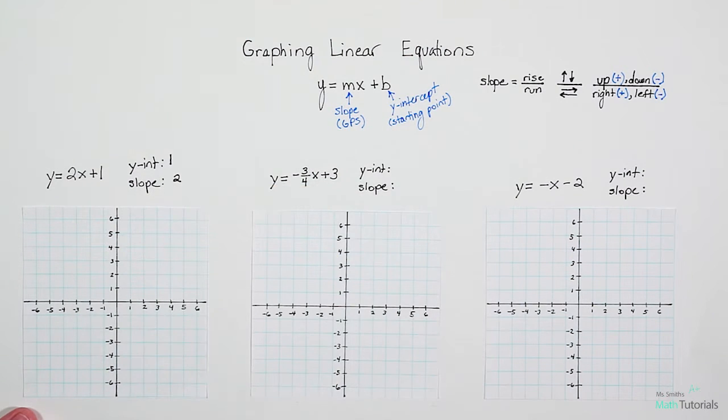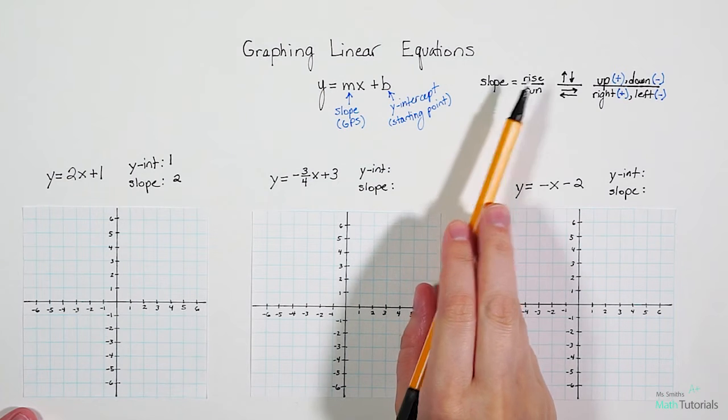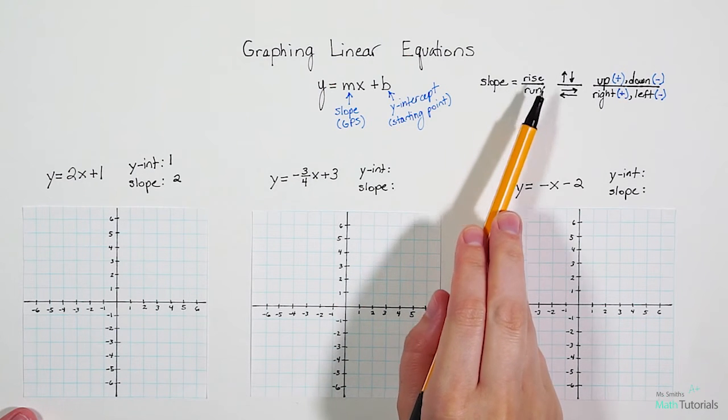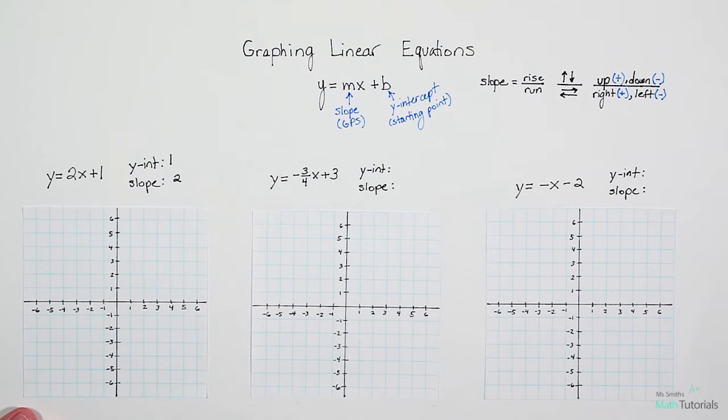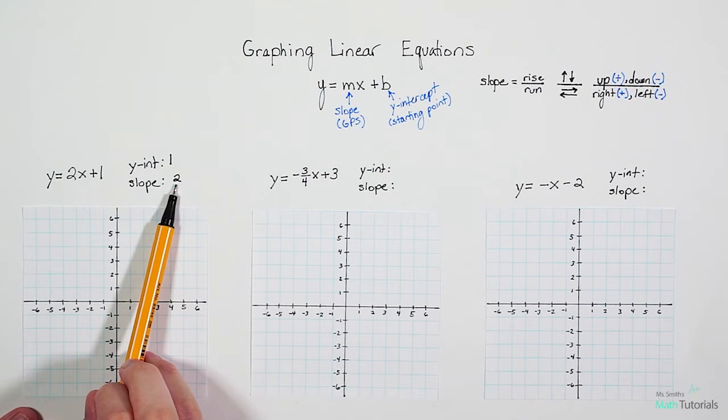Now here's the thing. When we figure out slope, if we're going to be graphing, it's easiest to write slope as a fraction. Remember, we said up here that slope is rise over run. It's in fraction form, and it's just a little easier to see what's going on. And 2 right now is not written as a fraction.